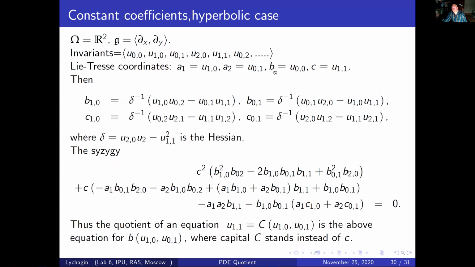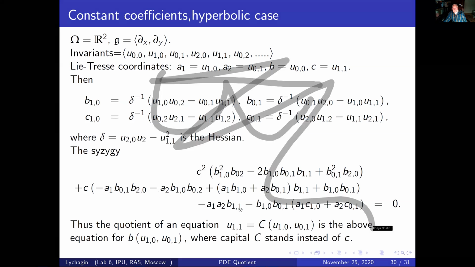B2 also 2, but I will denote one B in this U0 0 simply by B and the second by C, because otherwise it will be a big mess in formulas. So B and C will be either the same or different. So it's easy to find these derivatives. Delta here is just a Hessian, so these are the expressions for them. And you can easily find a syzygy between them. It's without any equation, just a simple syzygy between them. This is the formula for this syzygy.